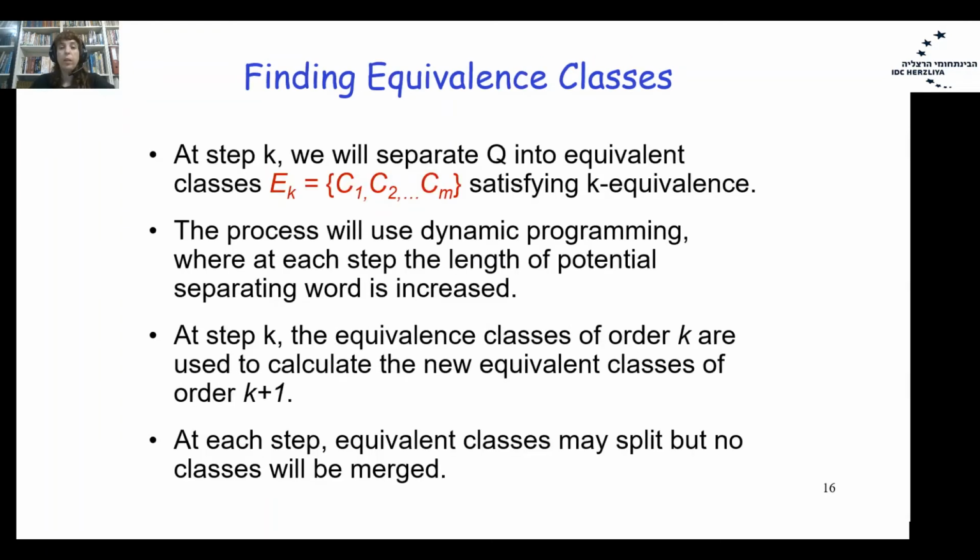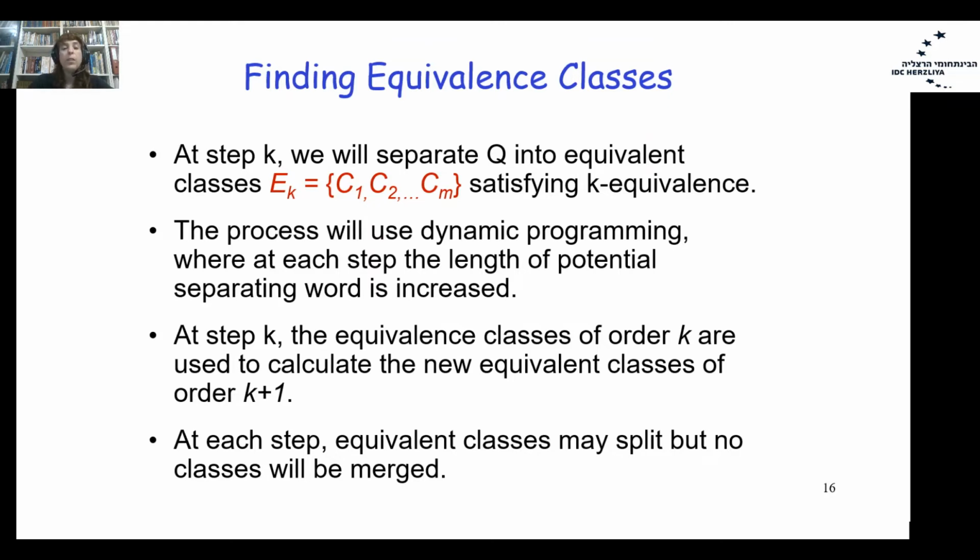So basically, we will try to find equivalence classes of the automaton. At step k, we will separate our Q into equivalence classes C1, C2, till Cm, satisfying k equivalence.